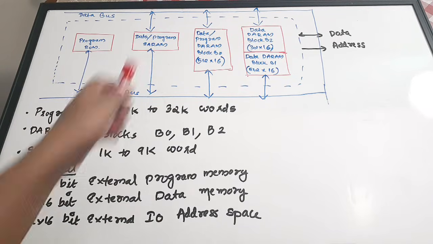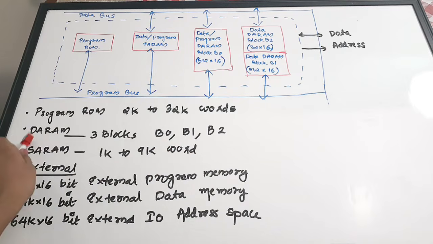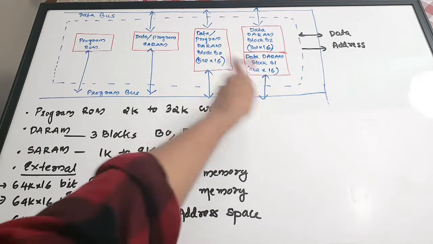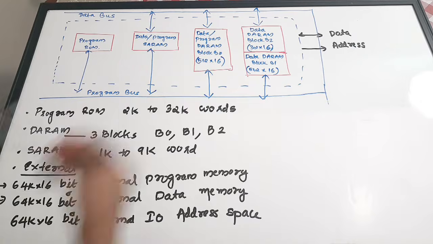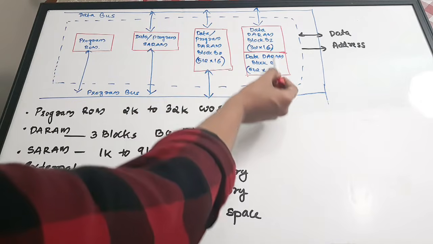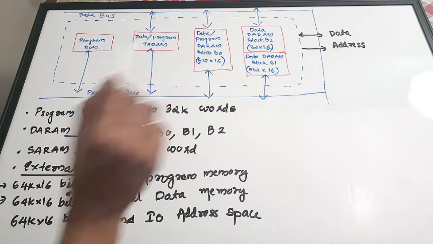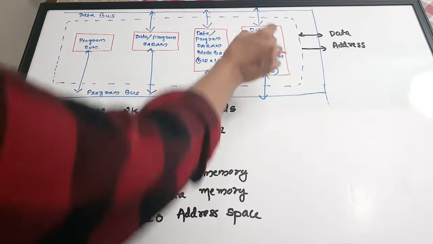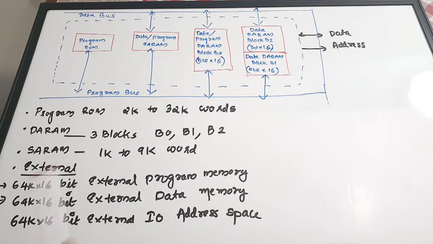Moving on to the third one, which is the DARAM. There are 3 blocks: block 0, block 1 and block 2. These 3 blocks correspond to DARAM. DARAM means dual access RAM, and there are 3 blocks of dual access RAM.